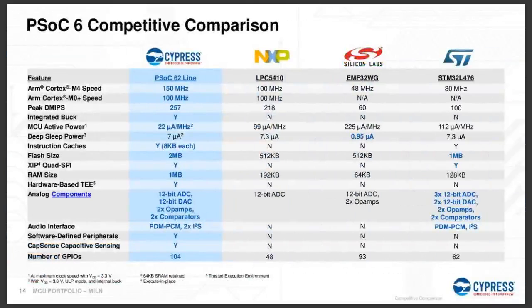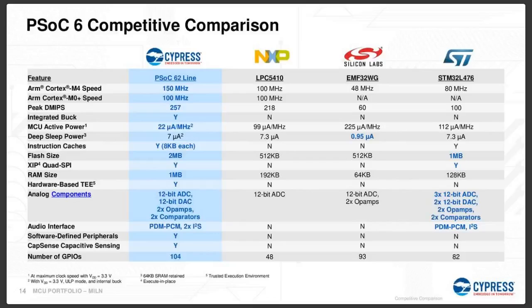Here's a competitive comparison between PSoC 6 and some of the other competition. I'll just point out a few different items here. Again, we have two different types of PSoC 6: a PSoC 6 without Bluetooth, and a PSoC 6 with Bluetooth. Really, the only difference between with and without is the Bluetooth itself.